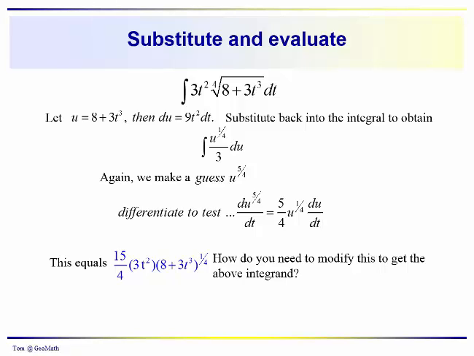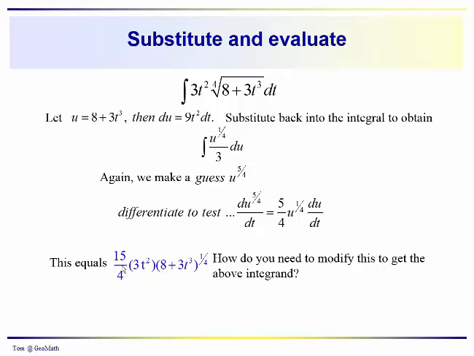In the end, since we've already figured out what du dt is up here, we just substitute back in. We get 15/4 times 3t squared times (8 plus 3t cubed) to the 1/4. We have this extra factor in here of 15/4. We've got to get rid of that.